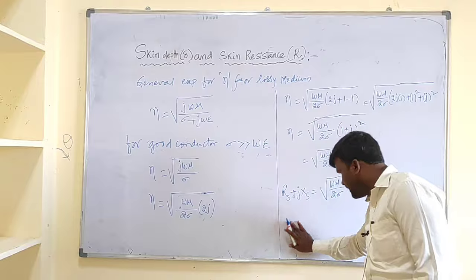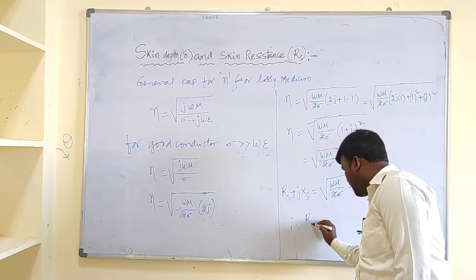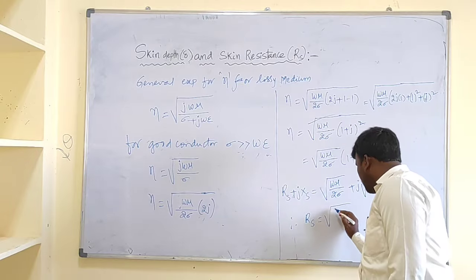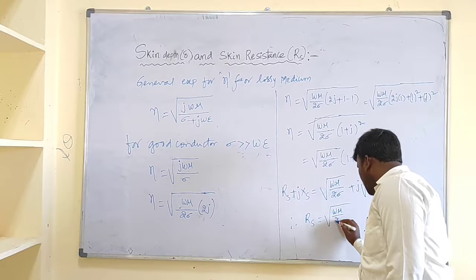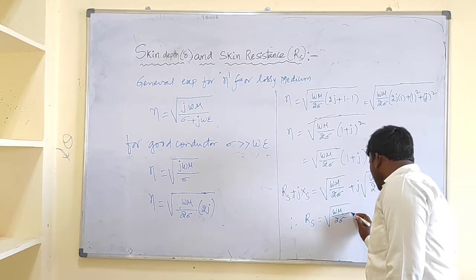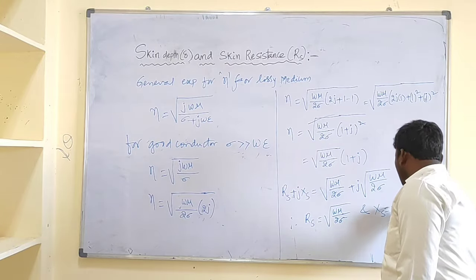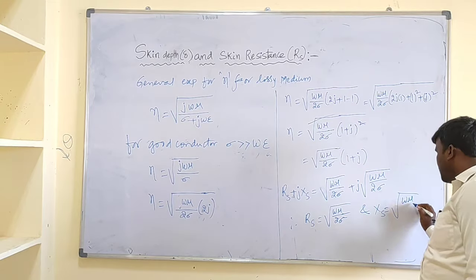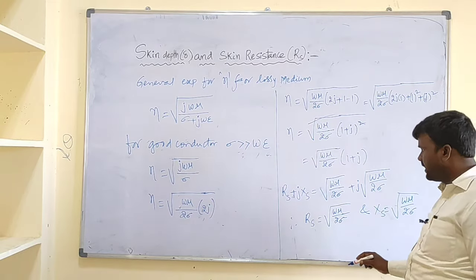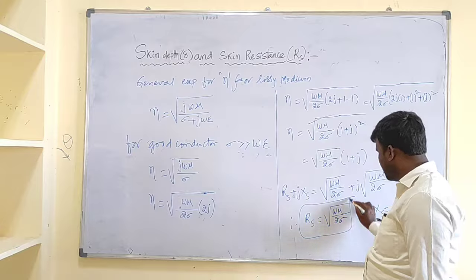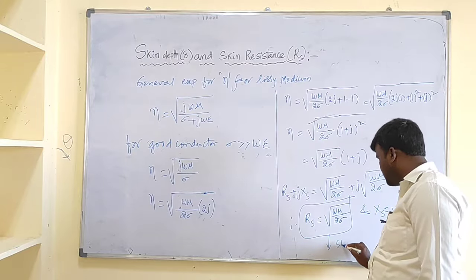By equating real and imaginary parts, we get Rs equal to under root omega mu by 2 sigma, and Xs equal to under root omega mu by 2 sigma. This is called the skin resistance.